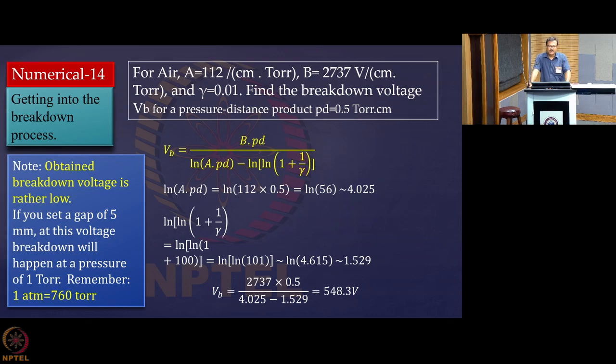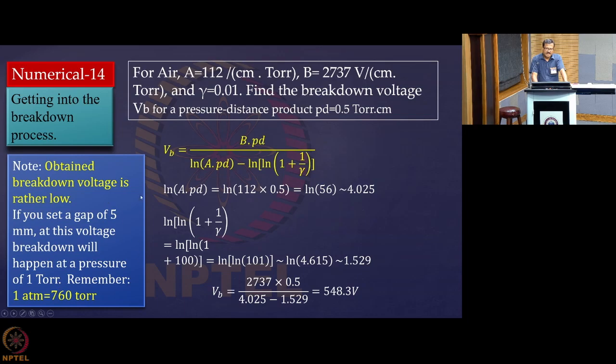So we come to the breakdown formula. VB is B times PD divided by log of APD minus log of (1 plus 1 by gamma). So we put in the values. The first quantity we are evaluating here gives 4.025 using the values given, and the quantity log of (1 plus 1 by gamma) comes to 1.529.